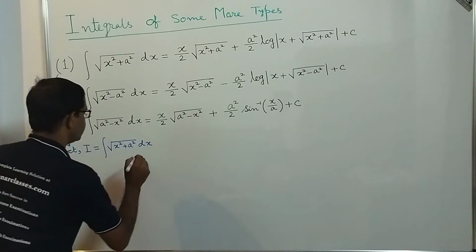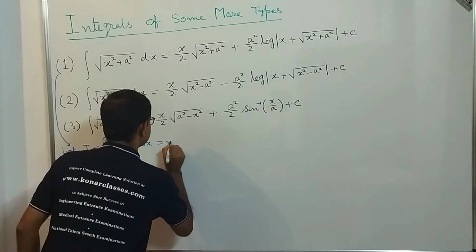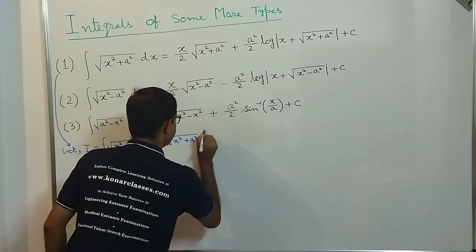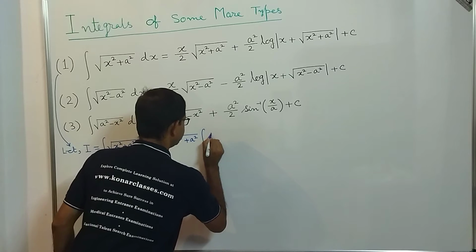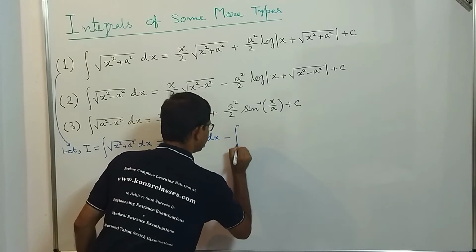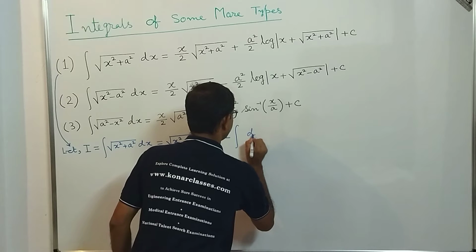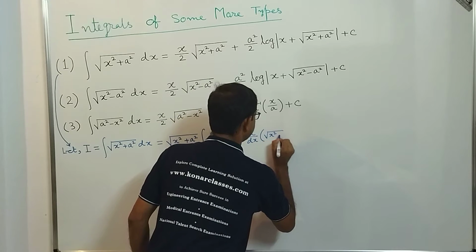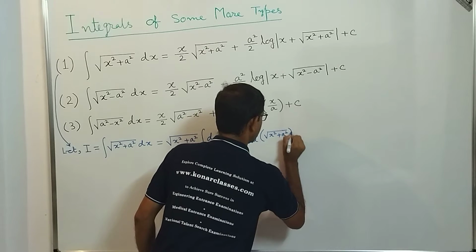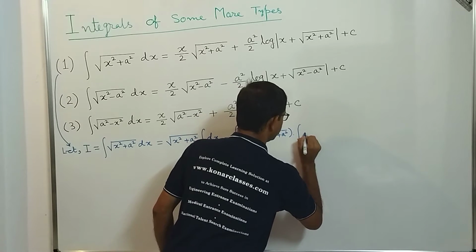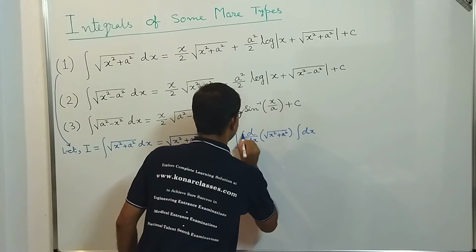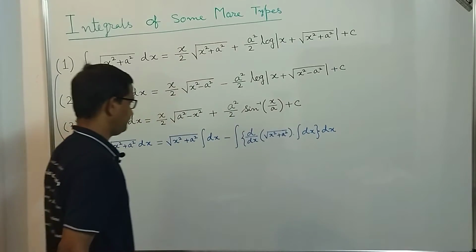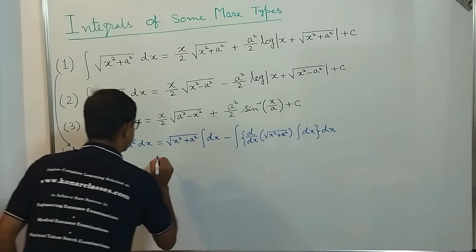So this will be equal to square root of x square plus a square into integration of 1 dx, that means x, minus integration of d/dx of square root of x square plus a square into integration of 1 dx, that means x, then complete dx. Correct?